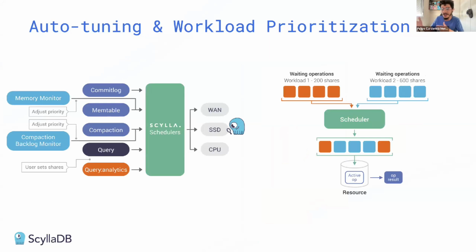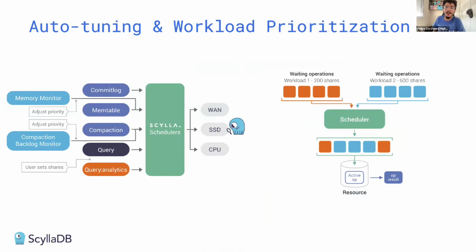ScyllaDB also auto-tunes itself for your workload. Our system scheduler automatically adjusts the priority of internal database operations, such as compactions, to ensure that those background operations never harm your workload latencies, which is what matters to you. Users also have the flexibility to assign different priorities on a per workload basis. So you are able to interact with our system's scheduler.